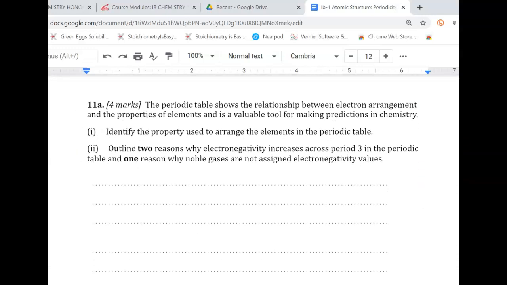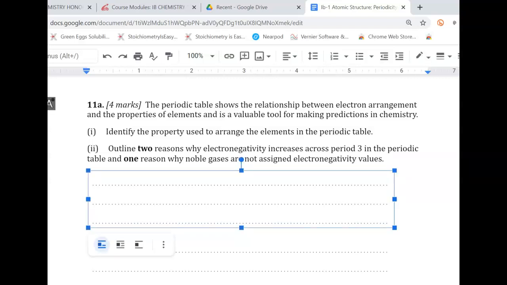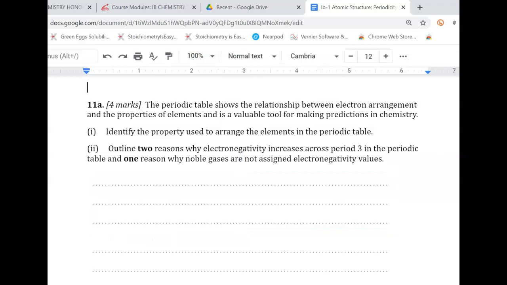All right, our next part is describing the electron arrangement and properties of the elements. And first we're going to talk about what is the property used to arrange the elements on the periodic table. So we're going to answer that one by saying atomic number. You could have also said number of protons. Okay, so for the next one, outline 2 reasons why electronegativity increases across period 3.